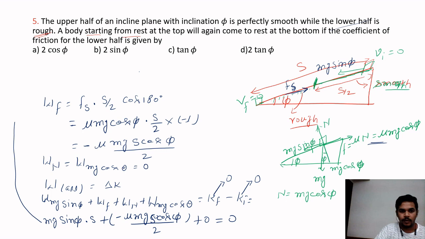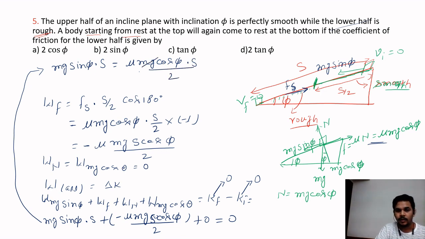Now if I simplify, I take the negative part to the other side, so it will come mg sin phi into s equals mu mg cos phi into s by 2. From here mg and s will cancel out. Remember the assumption I took in the beginning; finally it is getting cancelled out.